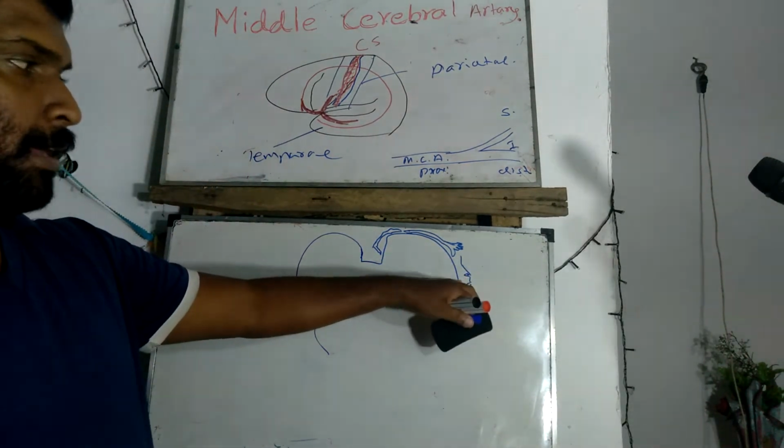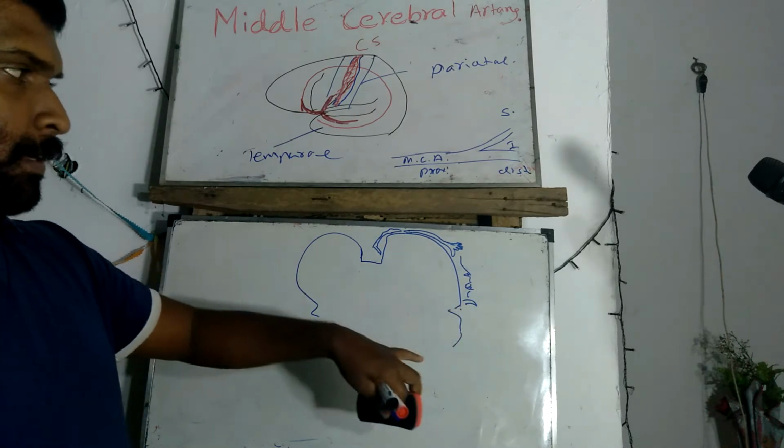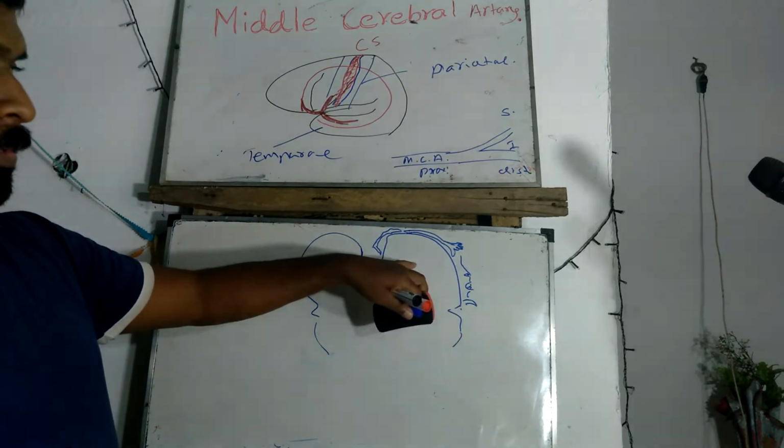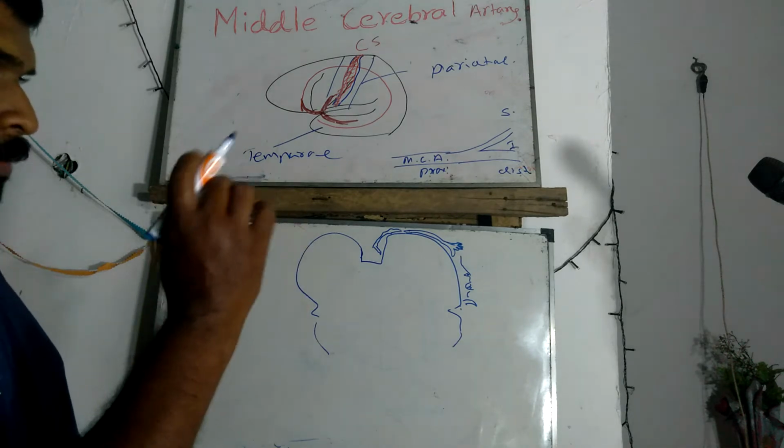This is the neck and face and tongue. The middle cerebral occlusion area I'm going to draw.